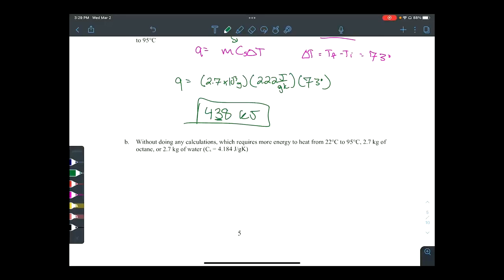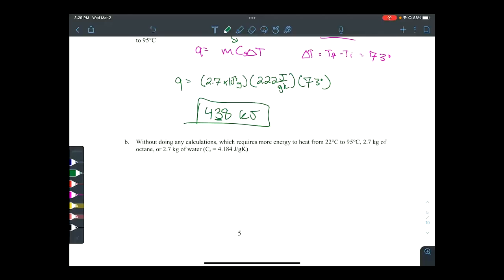So why don't you try to convert 22 and 95 degrees Celsius to Kelvin, and then take the difference. You'll see that it's the exact same number. So you don't take the difference value and then convert it to Kelvin. It doesn't work that way. You have to take the two values, convert them to Kelvin, then take the subtraction. And you'll prove to yourself that when you take a delta difference of temperatures, Celsius and Kelvin are the exact same.